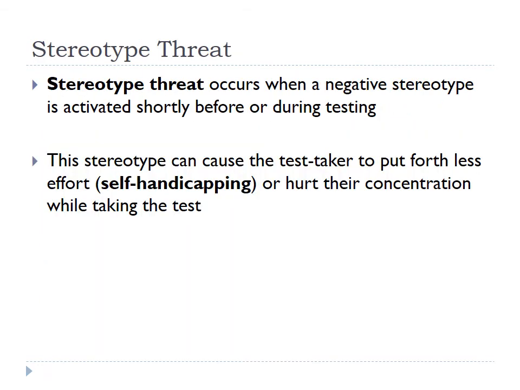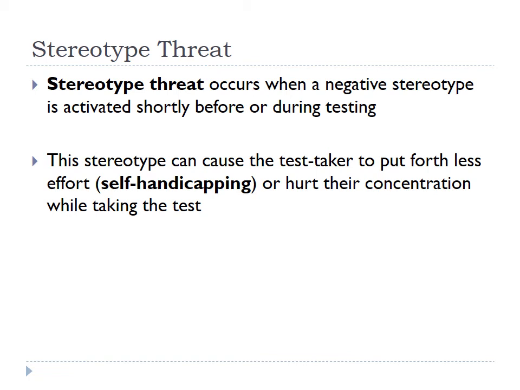One of the last topics that we'll talk about here is stereotype threat, a psychological concept that basically says in a test-taking situation, when a negative stereotype is activated, it hurts the person's performance.